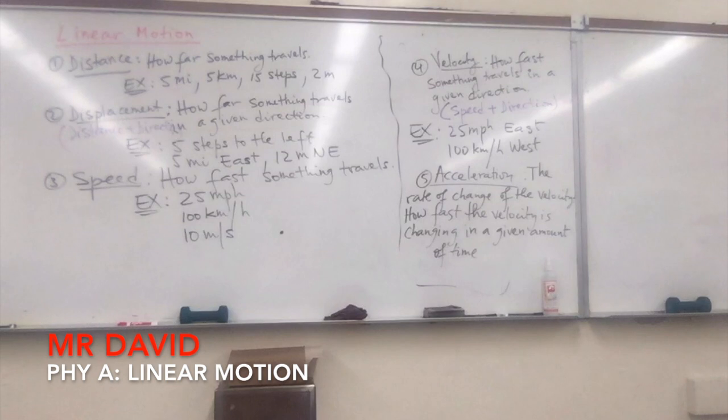When somebody's slowing down, we have negative acceleration. Write it down. When somebody's slowing down, we have negative acceleration. These are on your test. That's what I'm talking about. Okay?